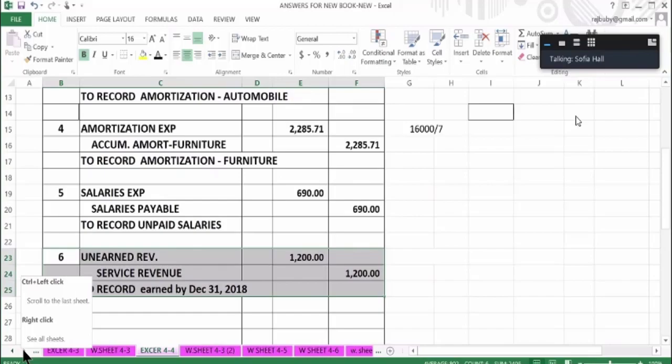In computerized accounting, nothing happens: when you press the button, it automatically transfers everything to capital and closes all the accounts. But in manual accounting, you have a separate account called the income summary account, transfer everything to that, and then the profit or loss is transferred to capital. That is the way we are going to do it now.